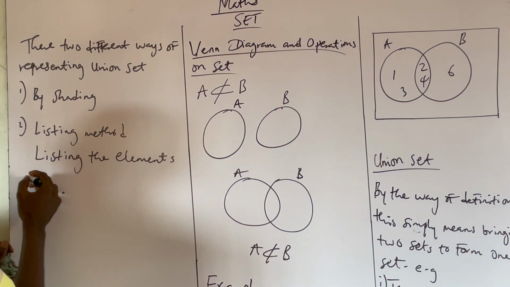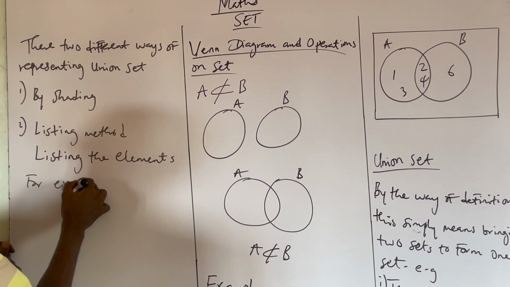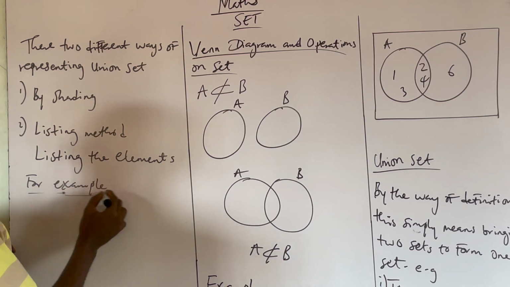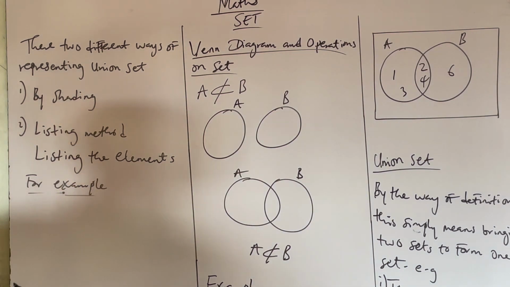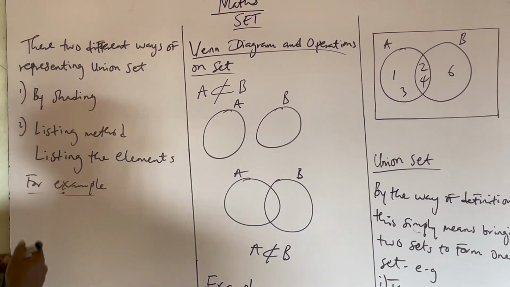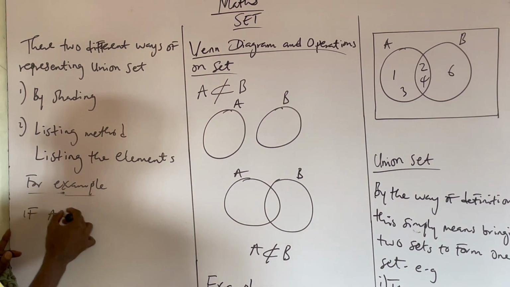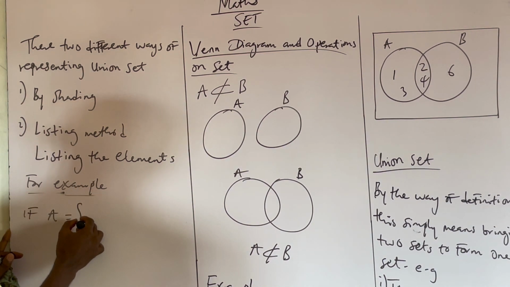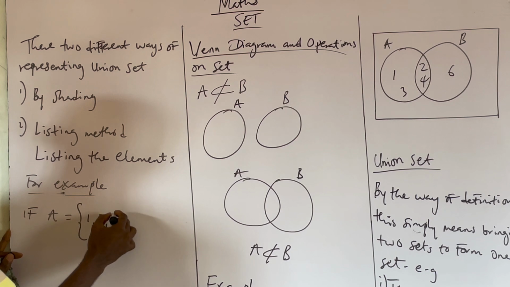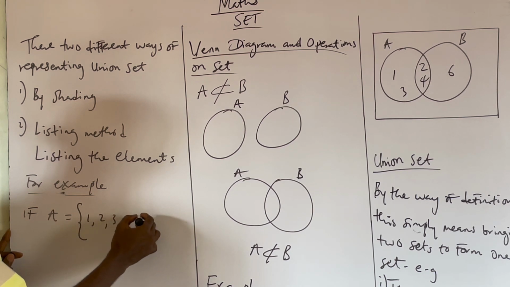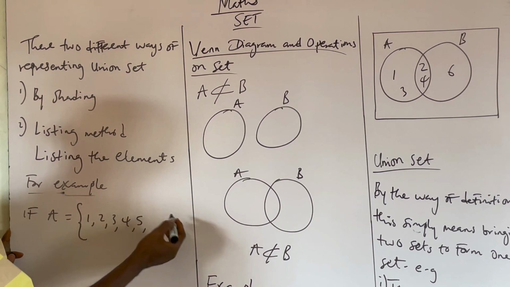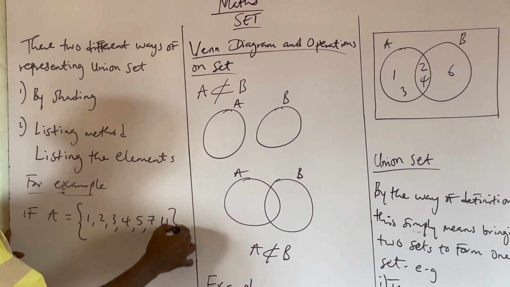Now for example, this marker is not writing here, but I'm going to fill it. For example now, if A is equal to 1, 2, 3, 4, 5, we're going to say 7, 11, for instance.